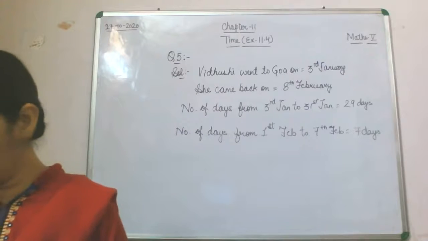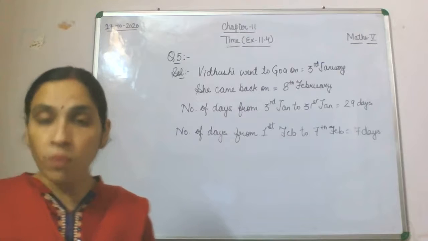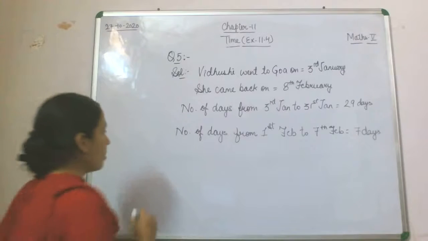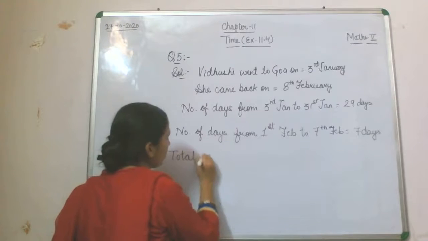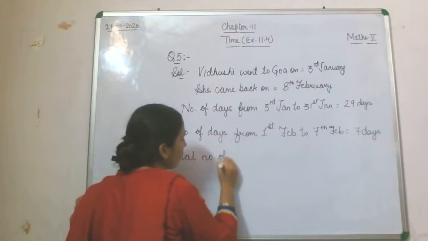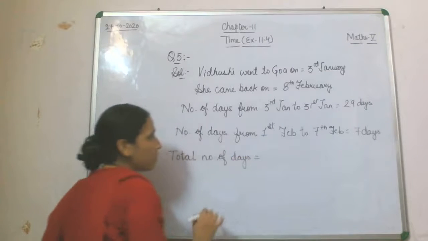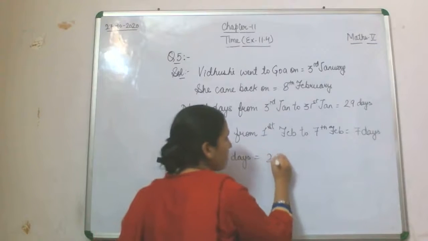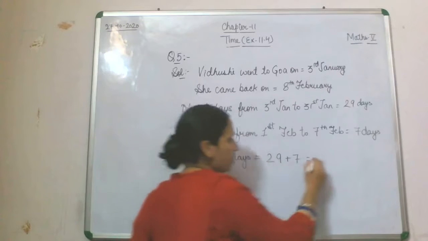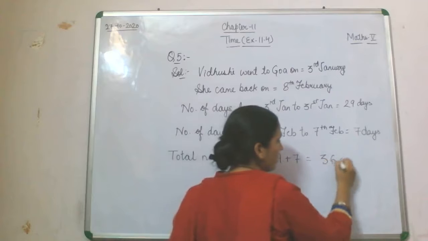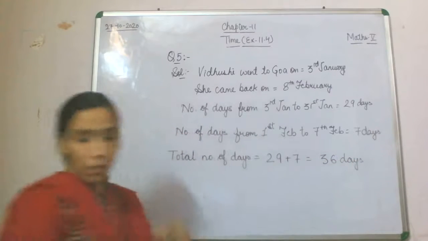So what is the next part of the question? The question is, how long was her tour? So total number of days. What is the total number of days? That will be 29 plus 7. 14, 15, 16, 36 days. So what is the next part?